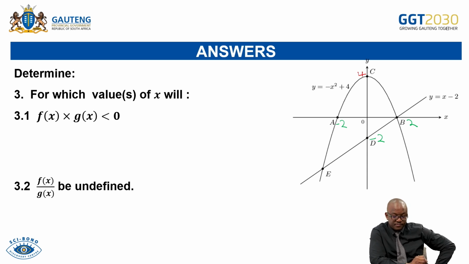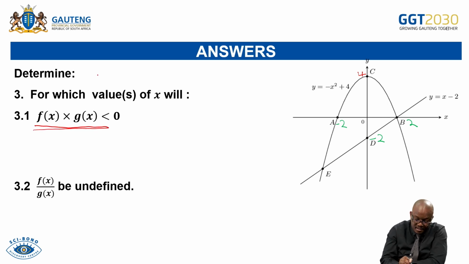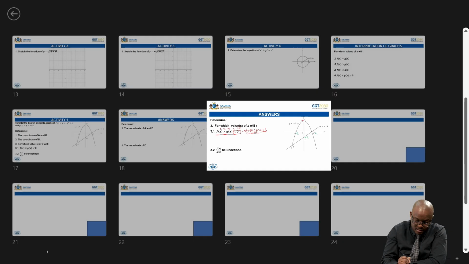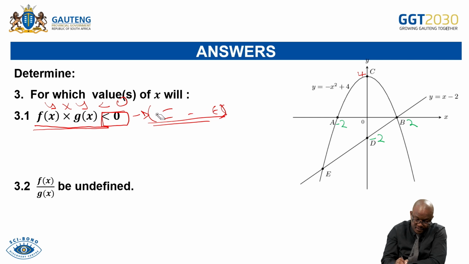So now, we are having this. Remember, it's the same as y multiplied by y less than 0. And the minute you see less than 0, we're talking about negative values. Let's write it properly. Negative values.